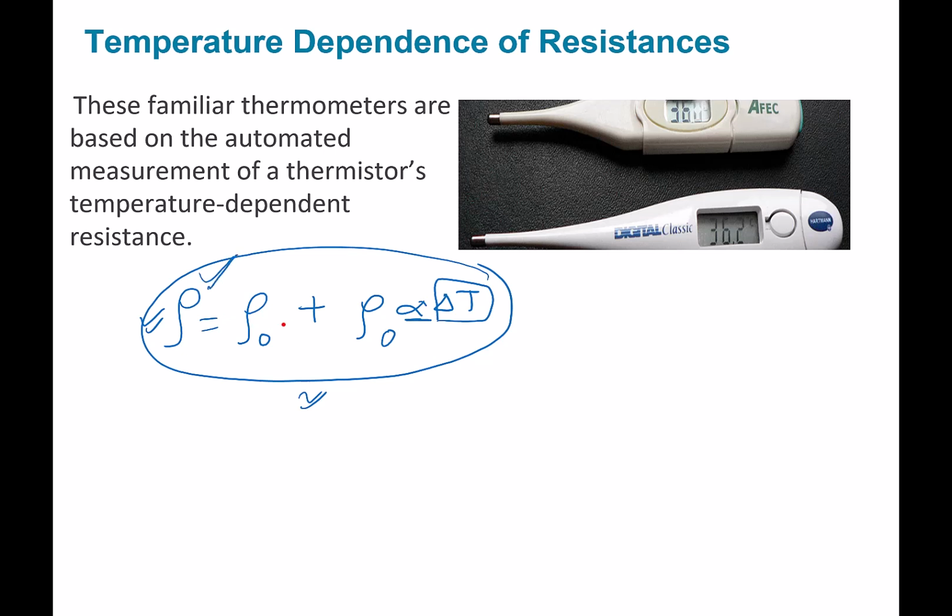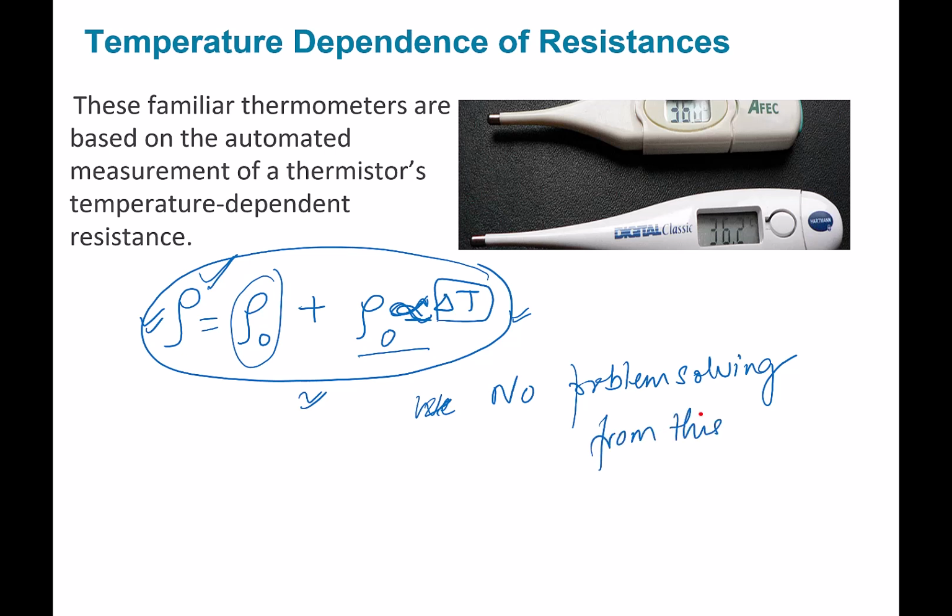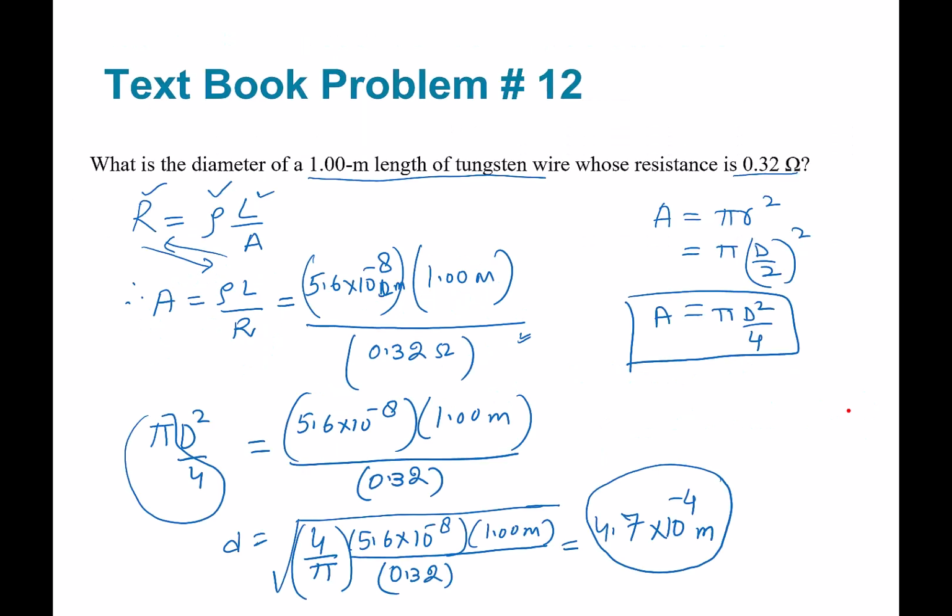The modified resistivity is dependent on the initial resistivity plus the initial resistivity and temperature coefficient of resistivity multiplied by delta T. We are not doing problem solving from this formula, but you should conceptually know that resistivity and resistance have a relationship to temperature.